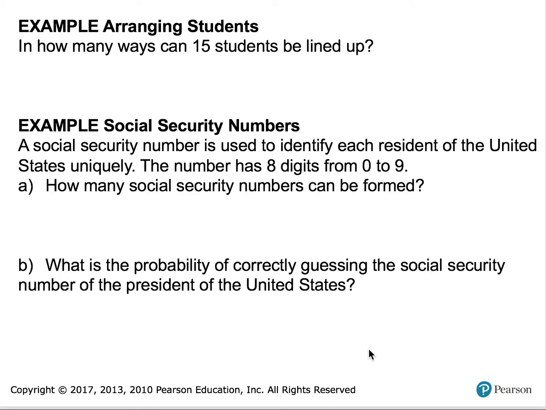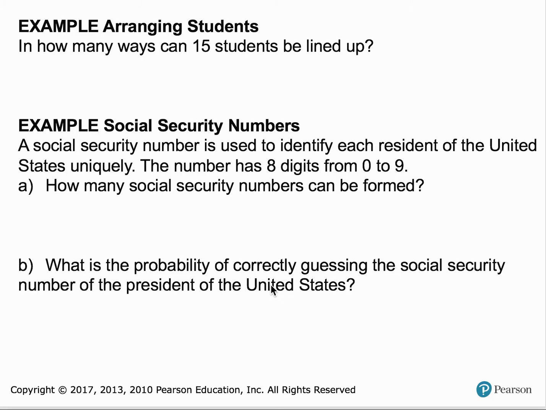All right, so then let's just look at some examples. In how many ways can 15 students be lined up? My first question is, does the order matter or not? Well, if I'm at the head of the line, does that make a difference to me if I'm at the back of the line? You bet. Order matters in that line.